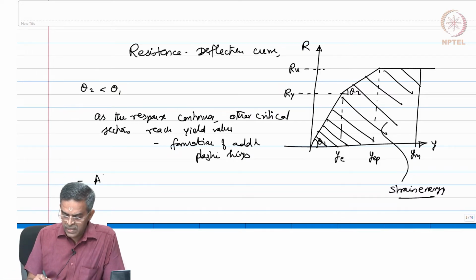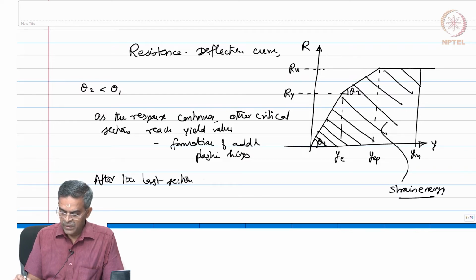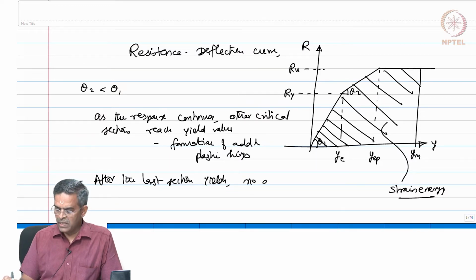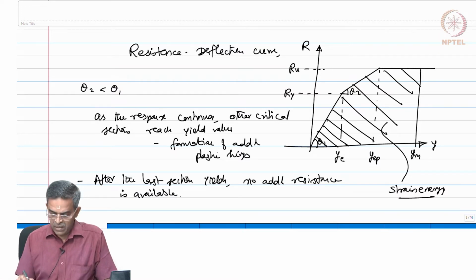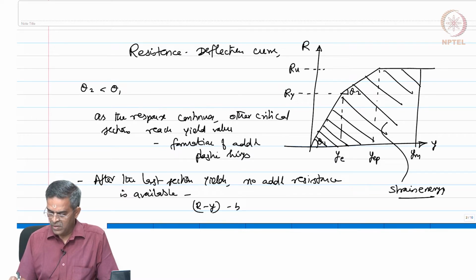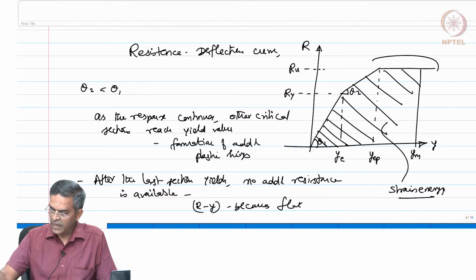After the last section yields, no additional resistance is available, is it not? Because all critical sections have been now yielded, and therefore the resistance deflection curve becomes flat. Okay, becomes flat.